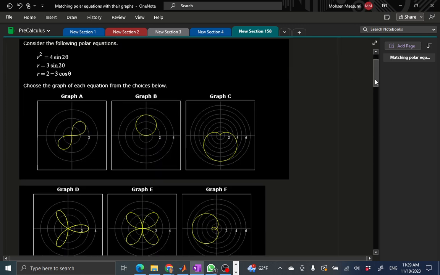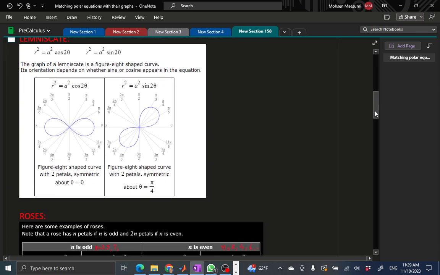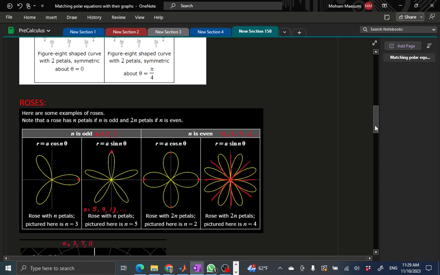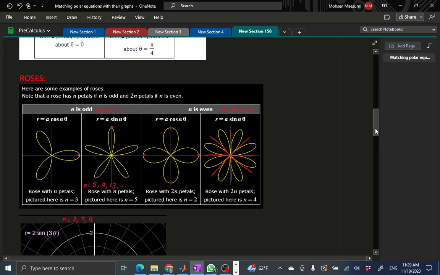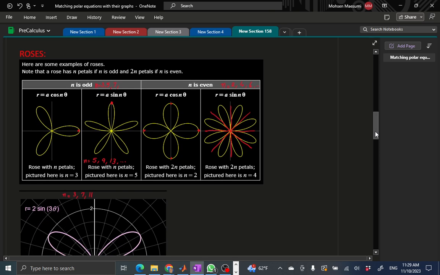What else had we done? Here, after the lemniscates, we had the case of roses. The roses were characterized by just a number times sine or cosine of a multiple of theta. If the multiple was odd, like 3, 5, 7, we had this type of picture.